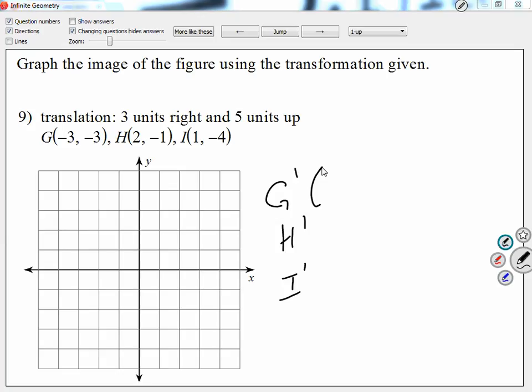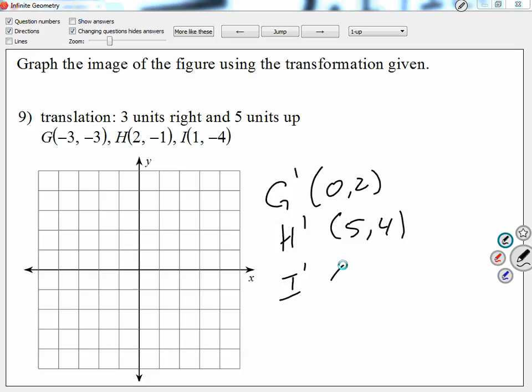For G prime, since I have to go 3 units to the right and 5 units up, I get 0, 2. 3 units to the right and 5 units up. What do you guys get for H prime? What is it? 5, 4.